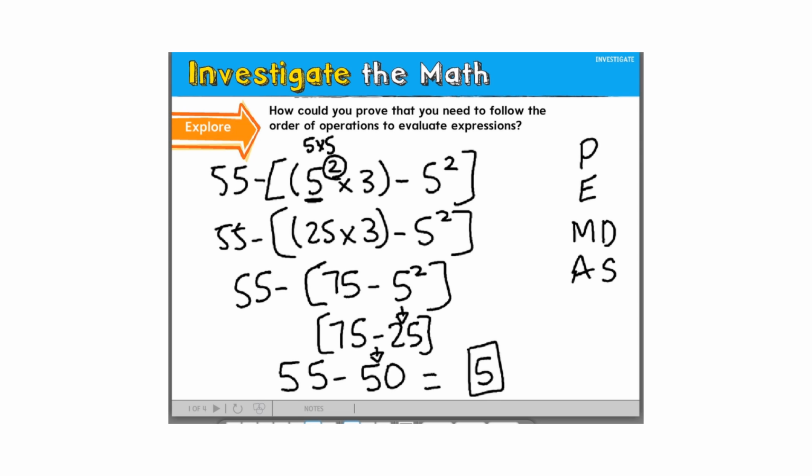Pull down this other piece, because I can't mess with this 55 out here until I've solved everything inside of the parentheses and the brackets. So now 75 minus 5 to the second power, which is still 25, equals 50 when I do my subtracting. And now I can pull this out from the 55 and make it 55 minus 50.